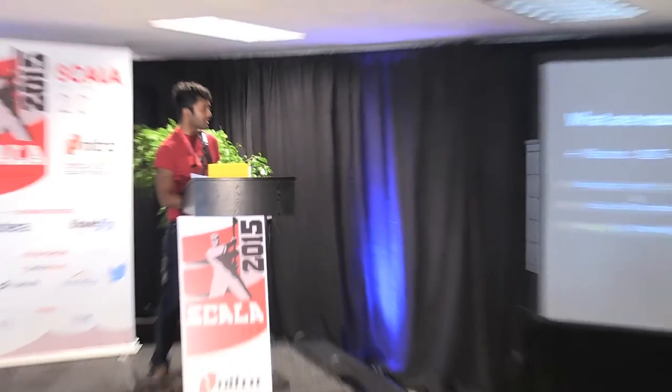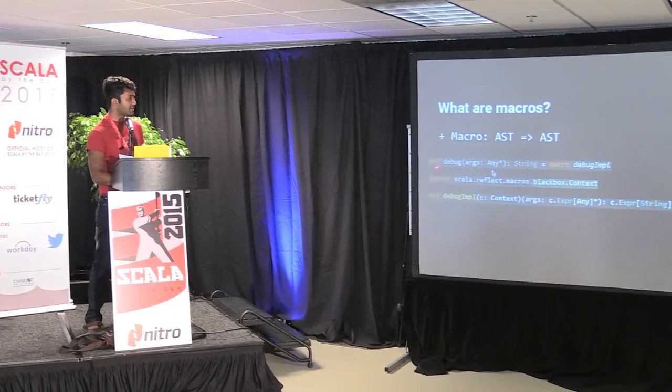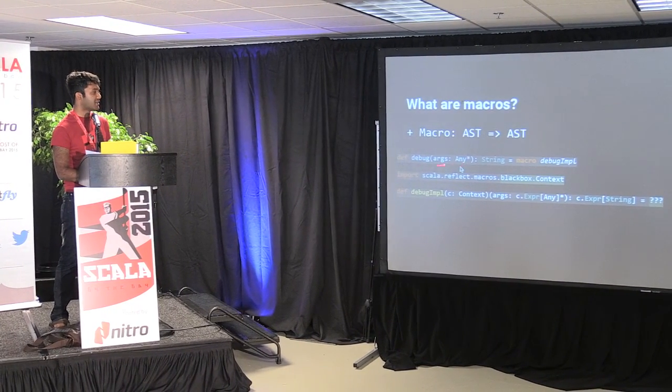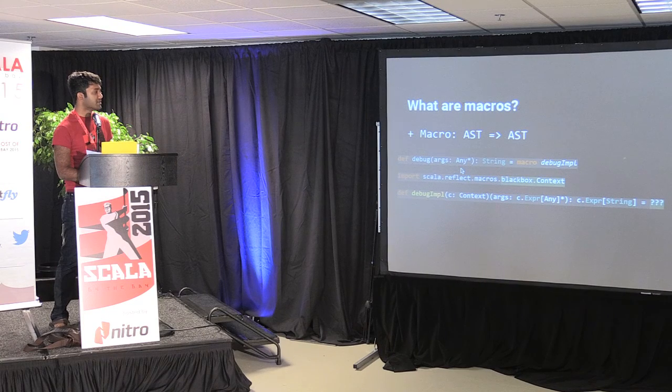So for example, if we wanted to write this debug macro, it would look something like this. The signature would look exactly like a regular Scala def, which takes in any star args, returns a string. But instead of the body of the def, you use the keyword macro and say, hey, I'm going to implement it somewhere else in another special debug impl.